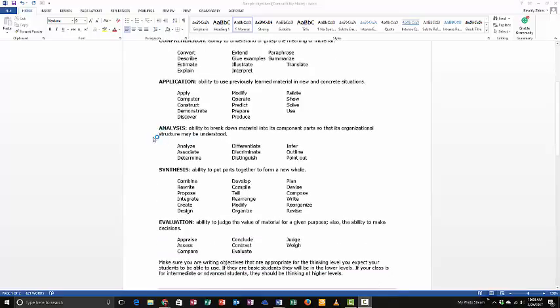So analysis is the next step up in the comprehension of what they're doing, the thinking levels that they have to use to do the skills and to do the things you're trying to teach them. It's the ability to break down material into its component parts so that its organizational structure may be understood.